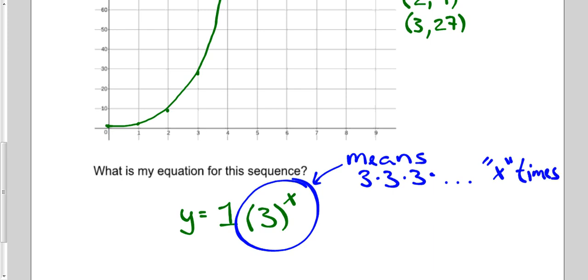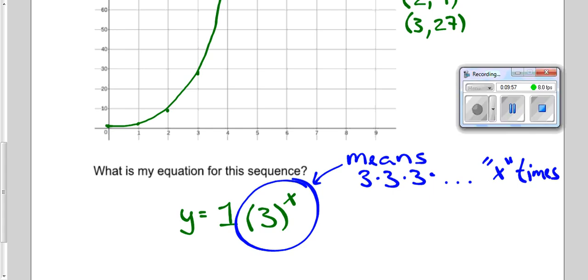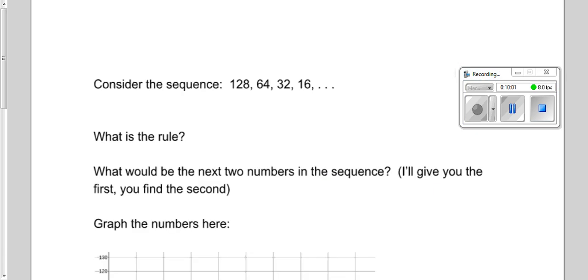So whatever x is, that's how many times I'm multiplying 1 by 3. All right, kids, let's move on to the next page.